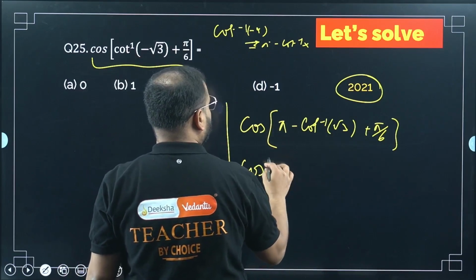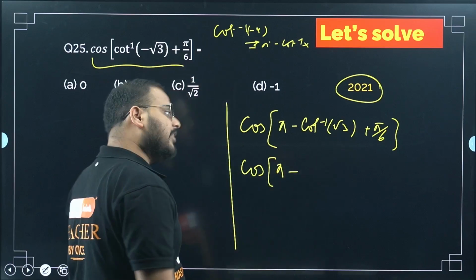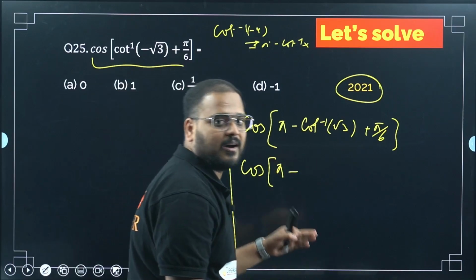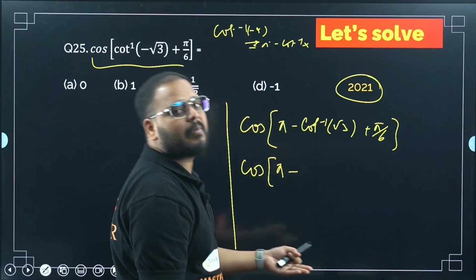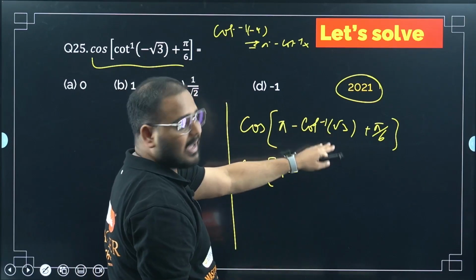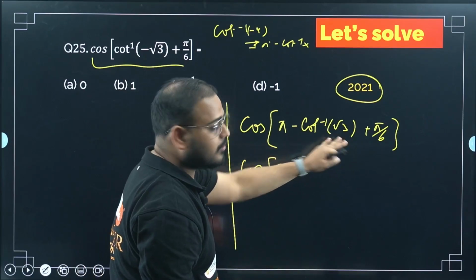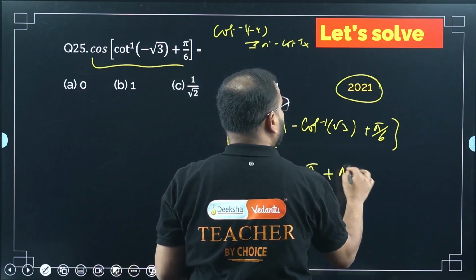Please proceed over here. Pi minus, when is cot inverse root 3? When is cot root 3? When it is pi by 6. At pi by 6, which is 30 degrees, tan is 1 by root 3, so cot will be root 3. If you have to find the angle for which cot is root 3, you'll get it as pi by 6. Please check your tables if you don't remember this.